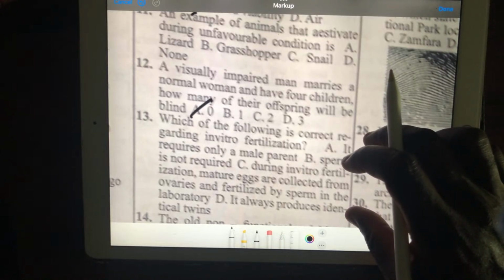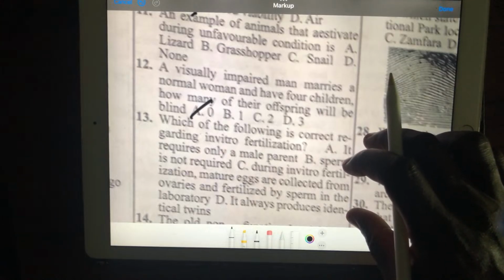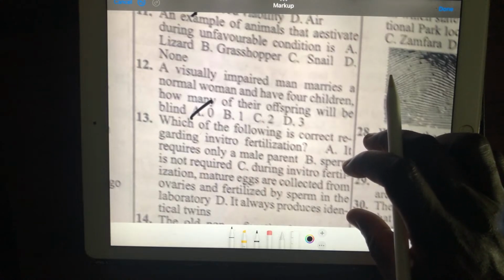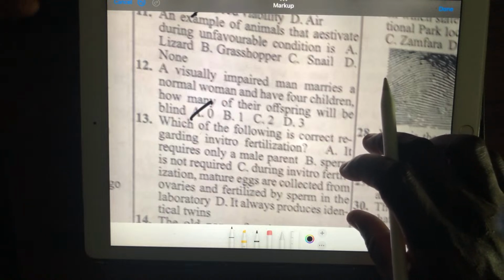So this was Lamarck's hallucination, that acquired characters are heritable, but I am telling you it is not true. Acquired characters cannot be transferred. It is genetic characters that can be transferred from parents to offspring.